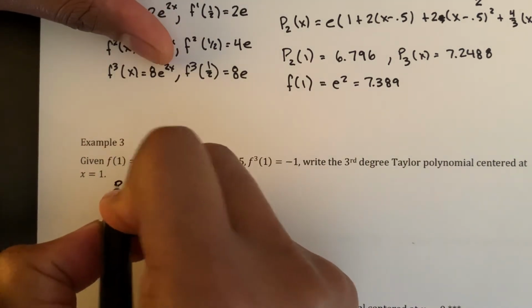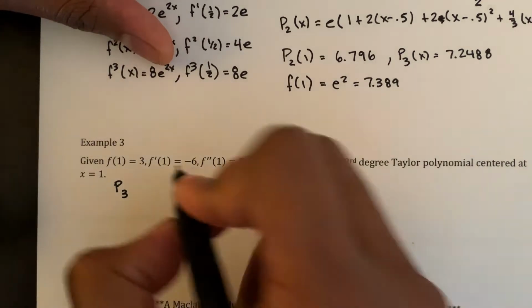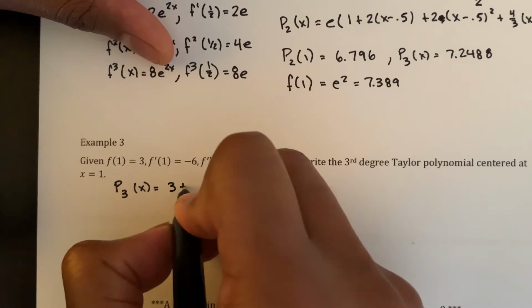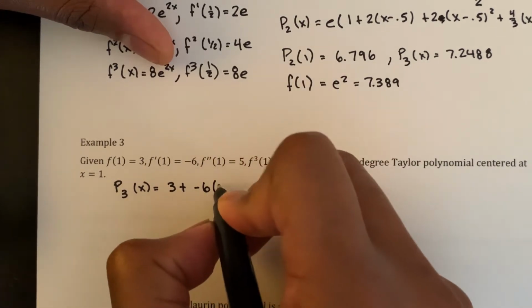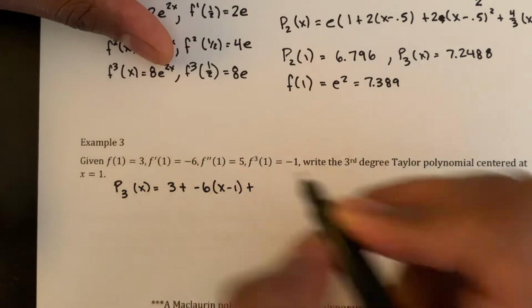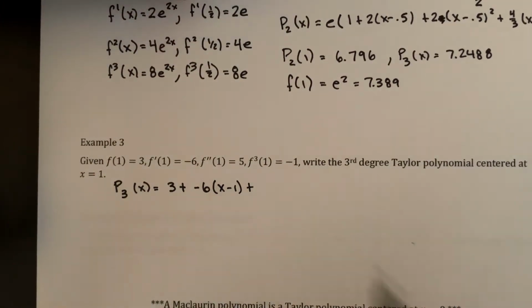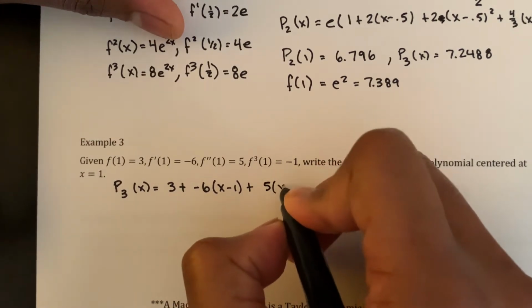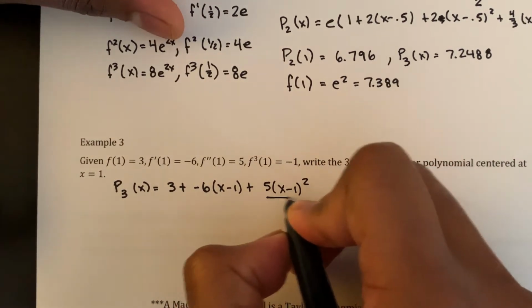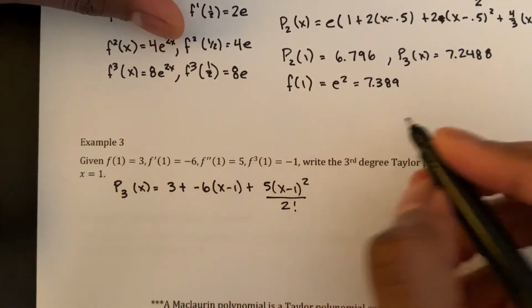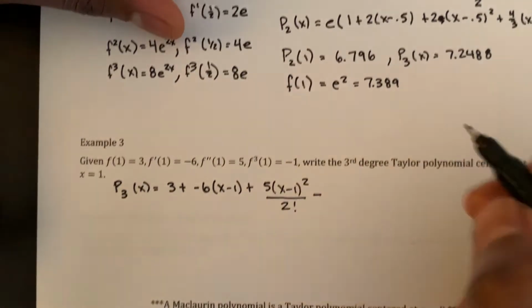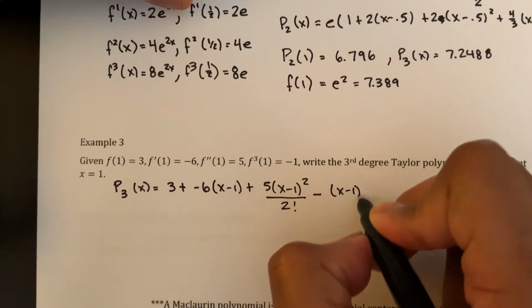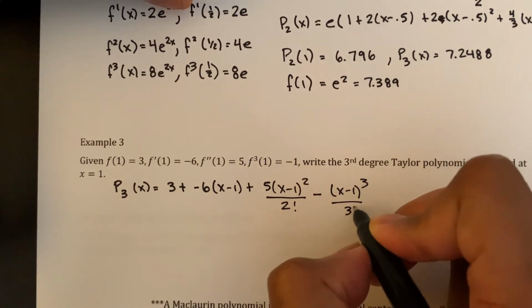So we just have to go straight to P3 of x is equal to f of 1, which is 3, plus f prime of 1, which is -6, times x minus 1, plus the second derivative, which is 5 times x minus 1 squared over 2 factorial, plus -1 times x minus 1 to the third over 3 factorial.